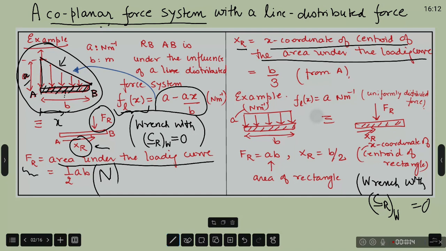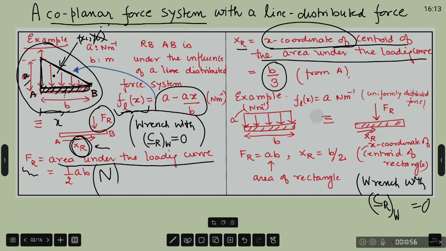That area is this triangle, and it will have a centroid with coordinates xc, yc. In this problem, yc doesn't matter. XR is nothing but the x coordinate of the centroid, and that lies at b by 3.